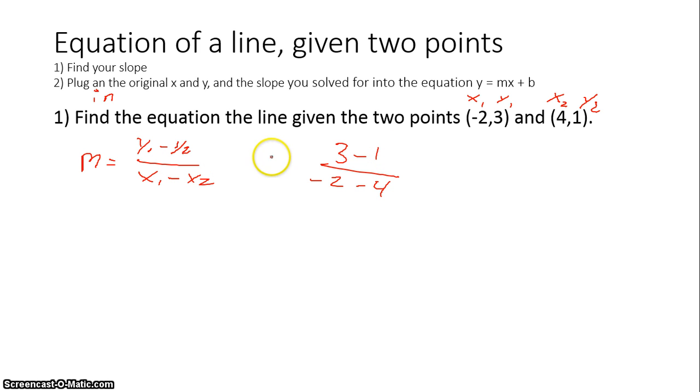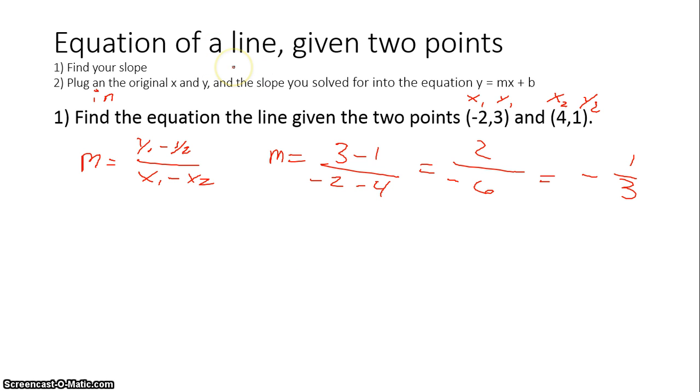These are m. And that equals 2 over -2 minus 4, which is -6. And we will always reduce that to -1 over 3. So there's our slope, -1 over 3.